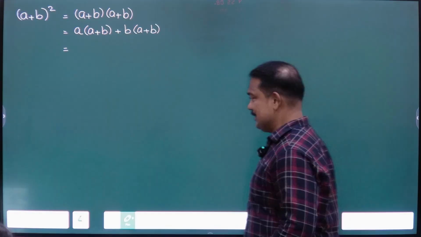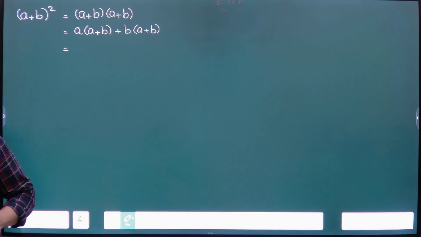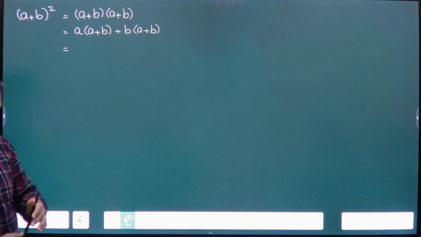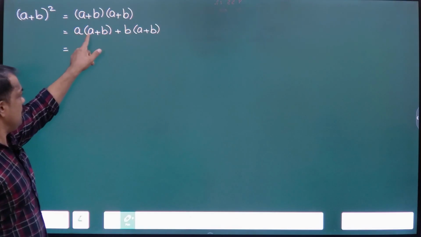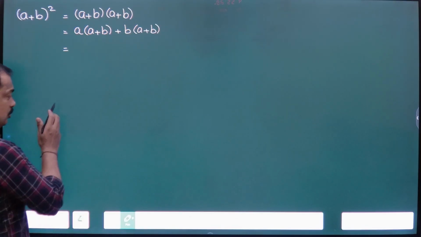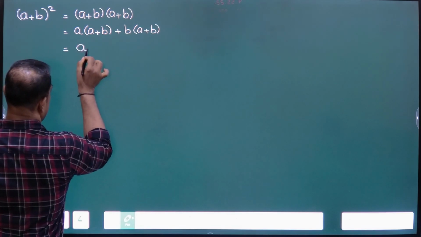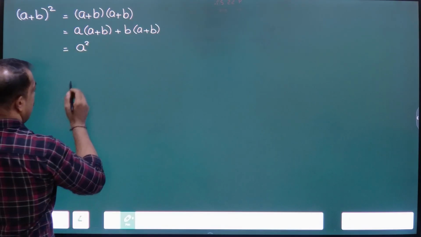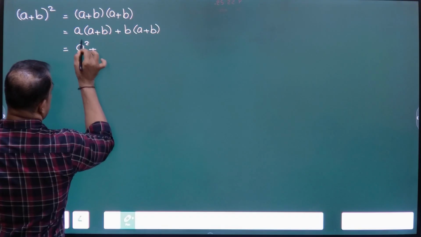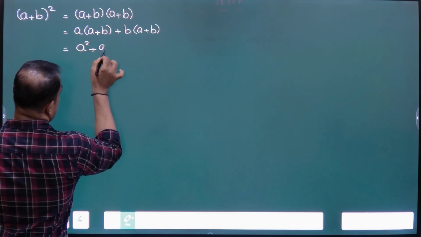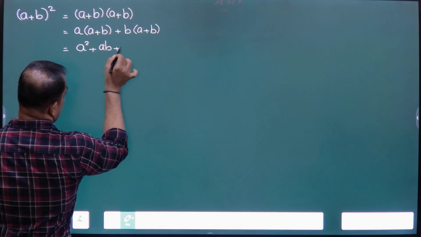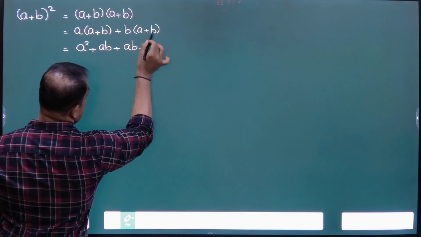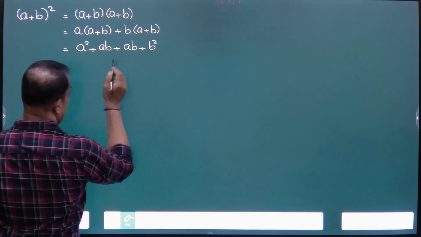A into A, A square, plus A into B, AB, plus B into A, AB, B into B, B square.